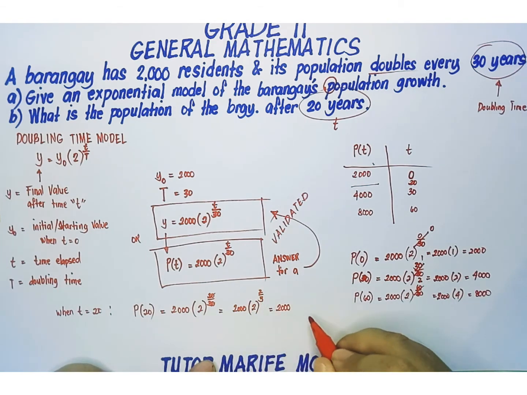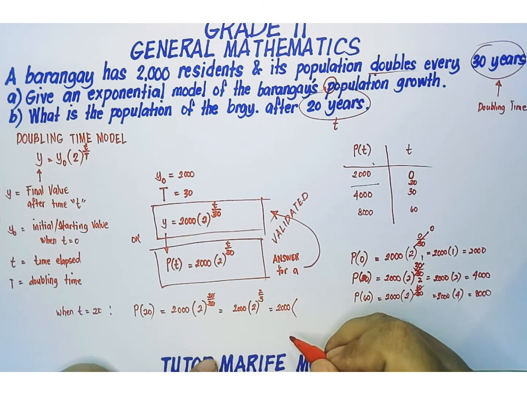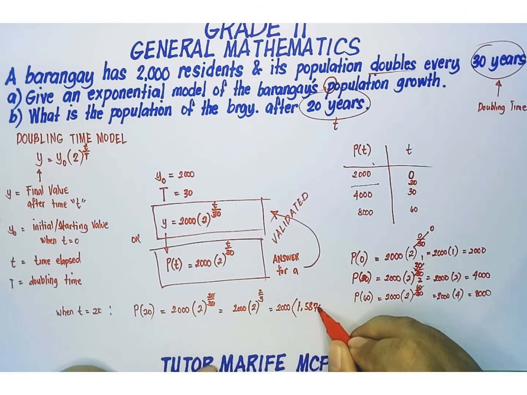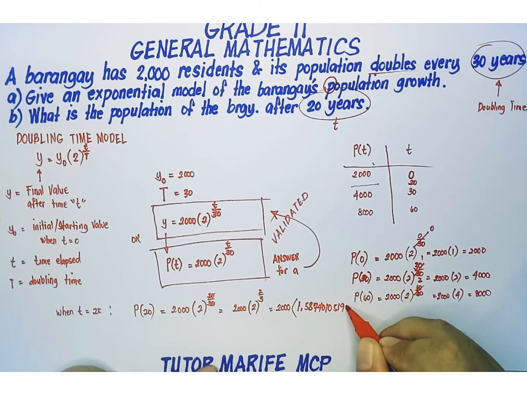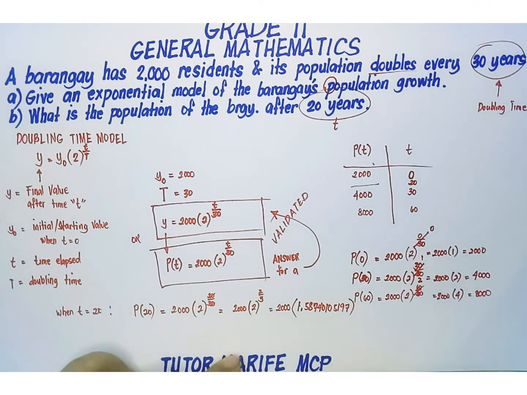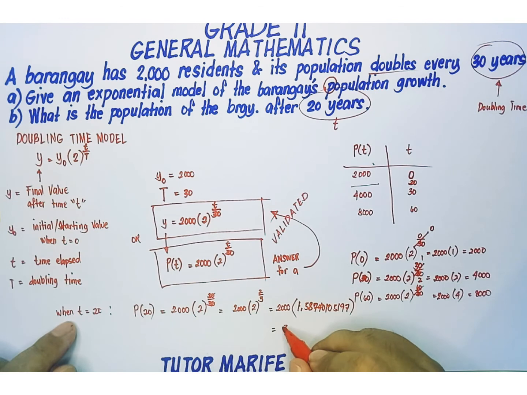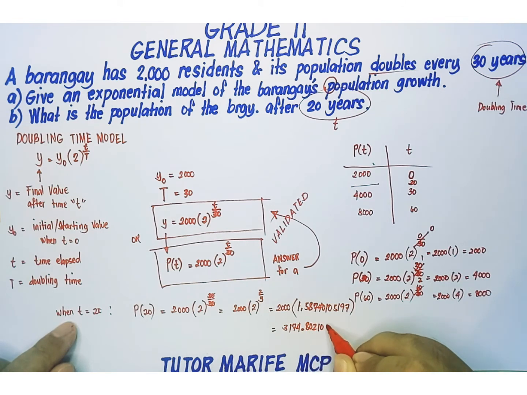So kung gagamitan nyo ng calculator, ang 2 raised to 2/3 ay may value na 1.587401051997. And then you multiply 2,000 by 1.587401051997, you will get 3,174.80210394.